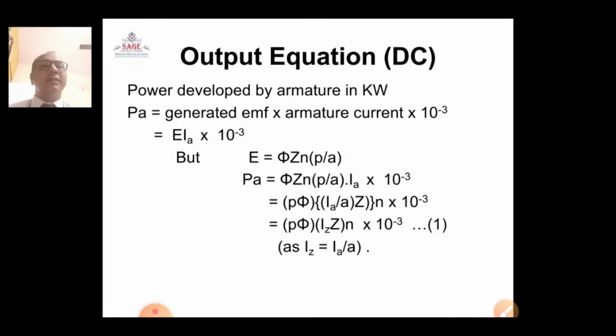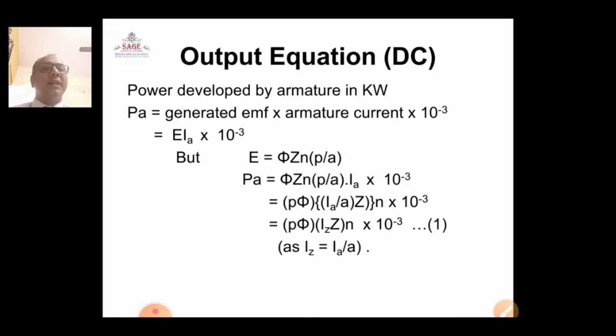What is E for a DC machine? It is called back EMF in case of motors or generated EMF in case of generators. So E equals phi Z N P upon A, where N is the speed of the armature, P is the total number of poles, and A is the number of parallel paths in the circuit.